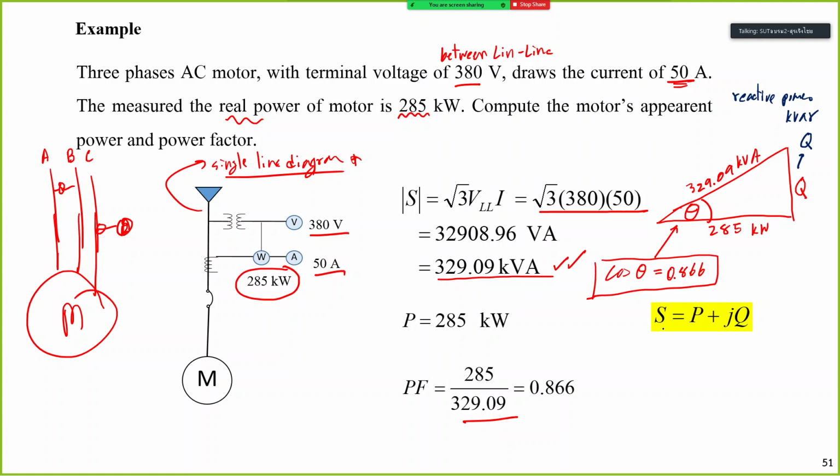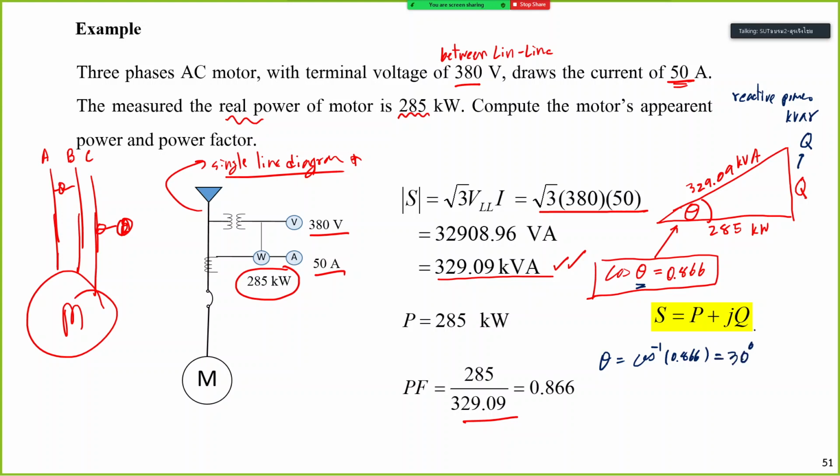For example, we can get theta as cos inverse of 0.866, and what is theta? What is this angle, right? This will be 30 degree right here.